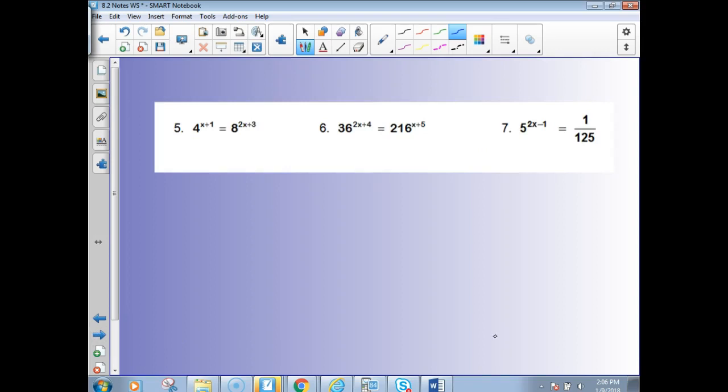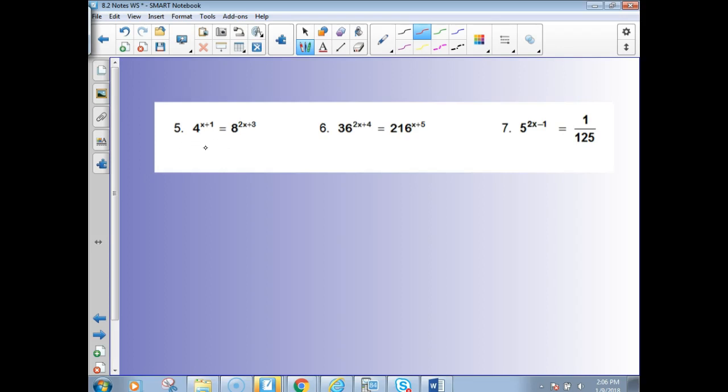Number 5. Now we have a base of 4 and a base of 8. Can I write 8 in a base of 4? Do you know a power of 4 that gives you 8? No. So instead, we can't always use either one of these.